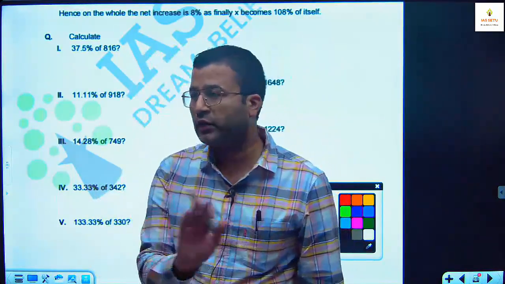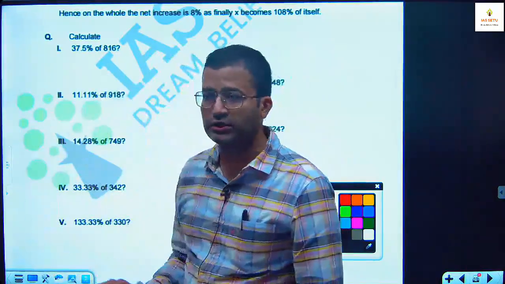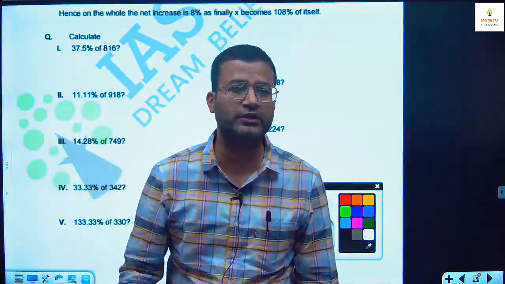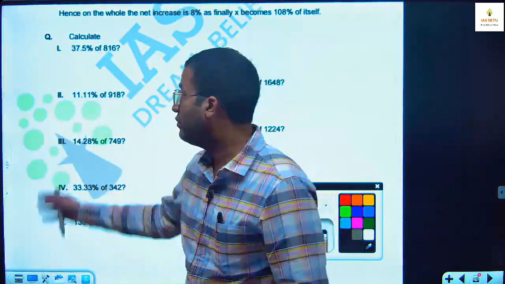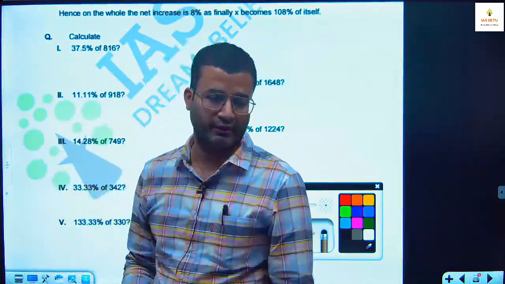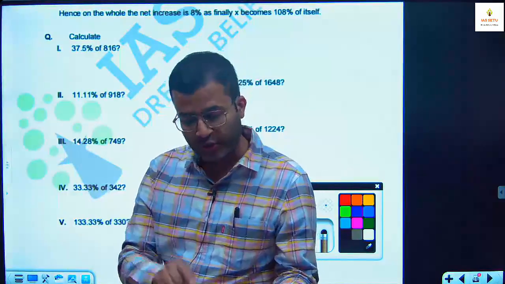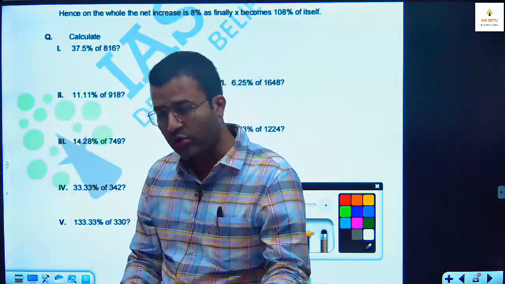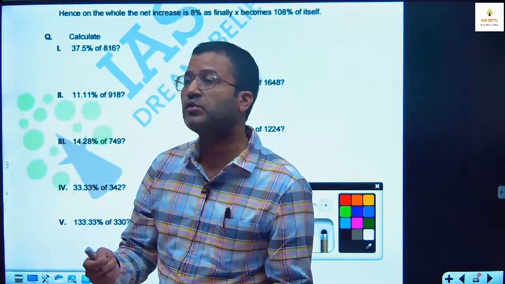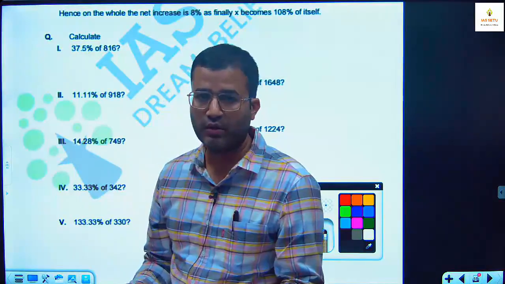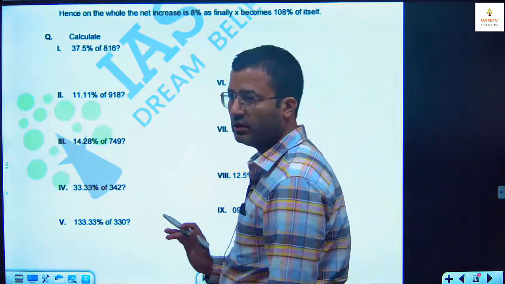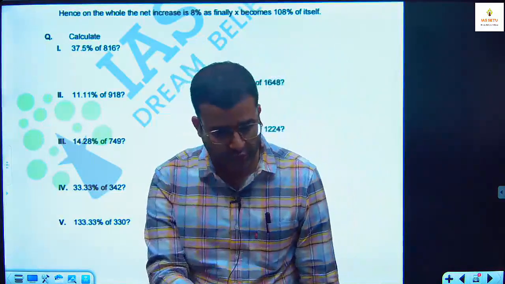Believe me, no one will give you 2.5 marks for this calculation. UPSC will never ask you to calculate 37.5% of 816 and get 2.5 marks. What is the purpose of this calculation? This calculation will help you to remember the table. You solve this, where you get stuck, refer to the table. You solve again, if any value is not remembered, refer to the table. But there will be pressure on your mind to remember the table. Okay, you have to solve these calculations on page number 5, 6 and 7. Your first homework is you have to remember the table.